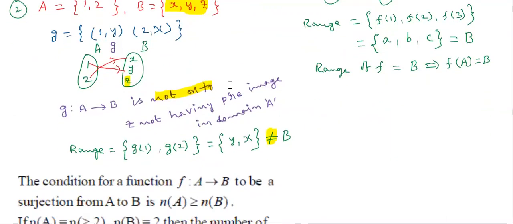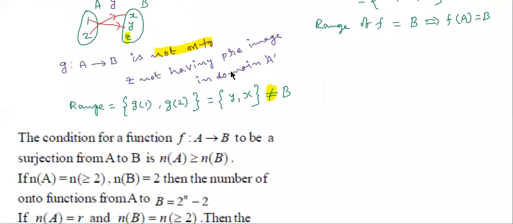Okay, next. What is the condition? See here. The condition for a function f from A to B to be a surjection is n of A is greater than or equal to n of B. Then only the onto condition exists.